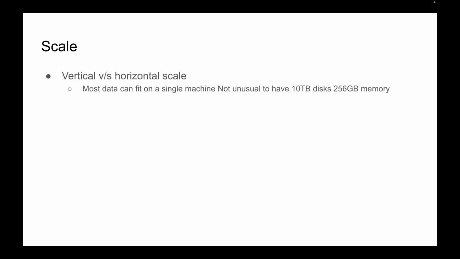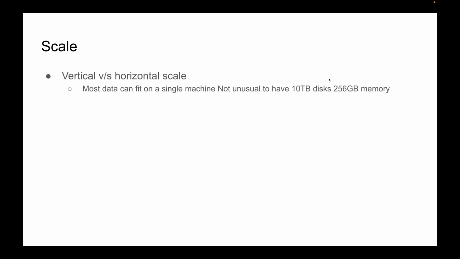Now let's look at scale and how scale impacts things. We'll look at vertical versus horizontal scale. Vertical scale, everyone is most familiar with. In today's world, it's not unusual to have a 10 terabyte disk with 256 gigs of memory in a single machine.